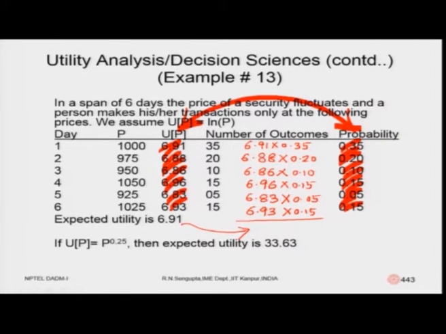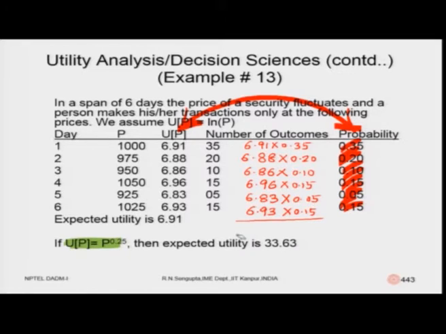And if you have a utility function of p to the power 1/4, which is here, you basically change the utility function, so the corresponding changes would be here.